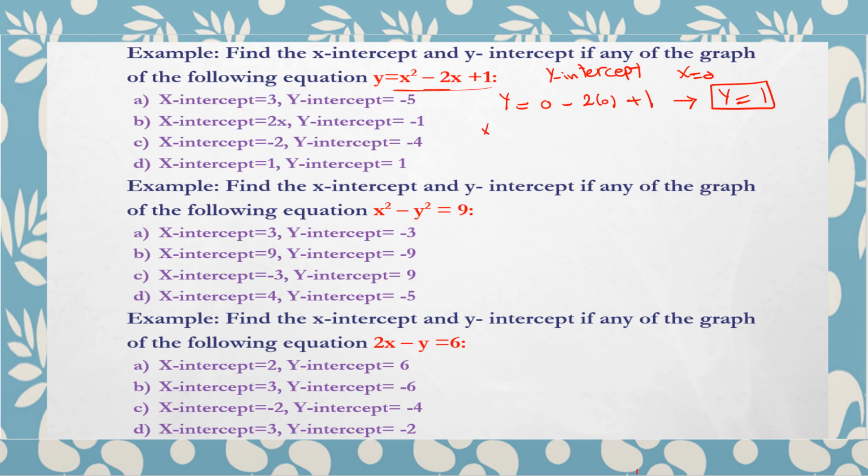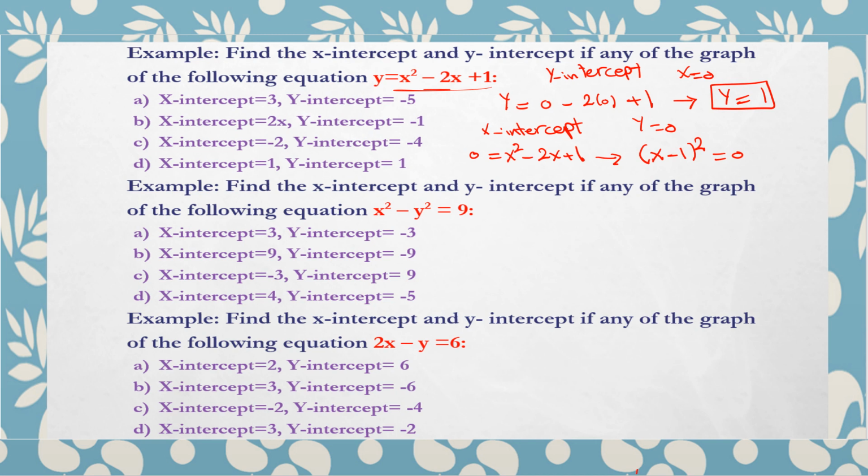And for the x-intercept, we set y equals 0, and this equals x squared minus 2x plus 1, and this equals (x minus 1) squared equals 0.